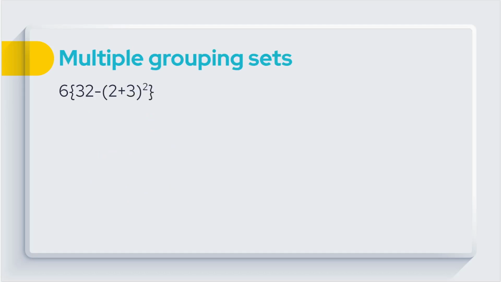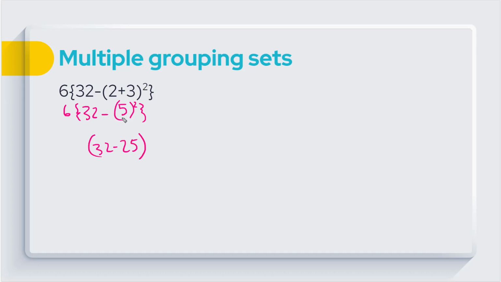Let's look at some with some grouping. And here we have multiple grouping sets, so we do the grouping on the inside first. Well, 2 plus 3 is 5. The next thing that we would do is the exponent. 5 multiplied by itself 2 times is 25.